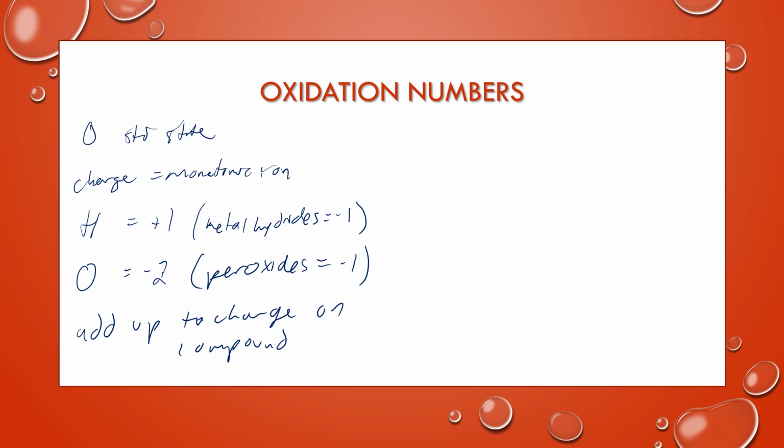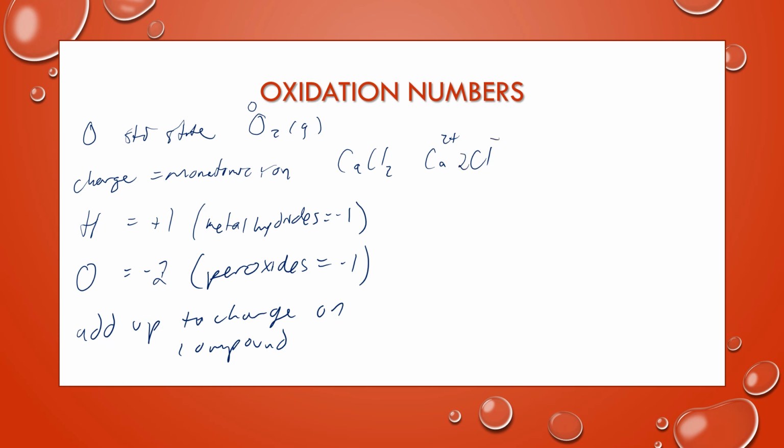So let's look at a couple examples of these things. If I have something in its standard state, like oxygen gas, which is O2, its oxidation state is 0. Whereas if I have calcium chloride, that consists of 2 ions, calcium, which has a 2+ charge, and chloride, 2 chlorides, which have -1 charges.